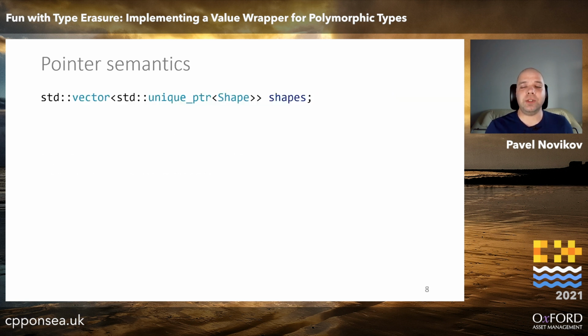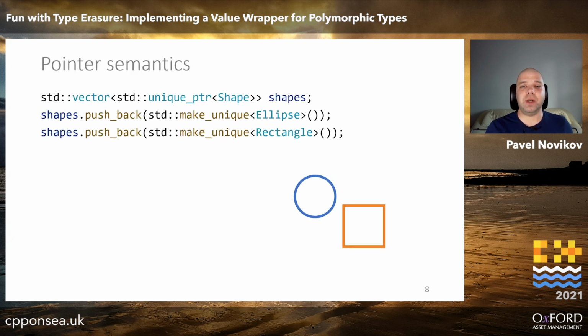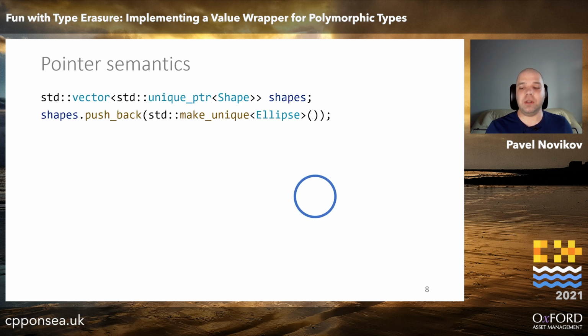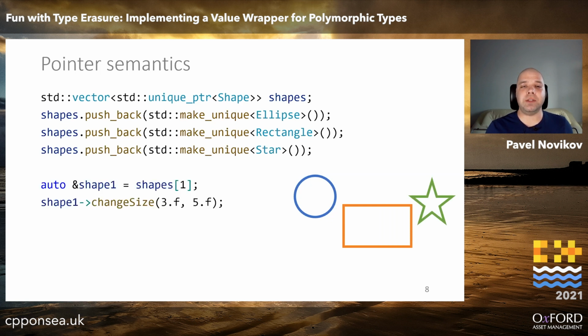So what interesting things can we do with such a design? Here we have a collection of shapes, pointers to shapes rather, and we can add an ellipse, a rectangle, and a star. Let's say the user wants to change the size of the shape with index 1.